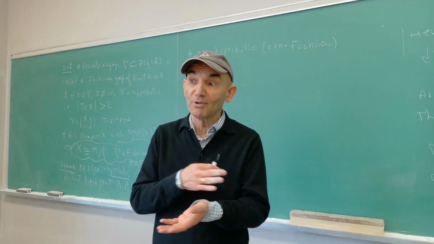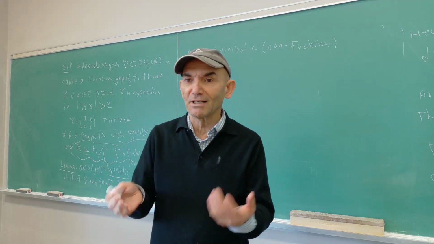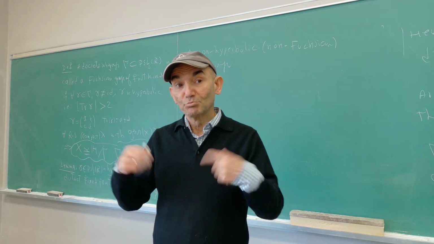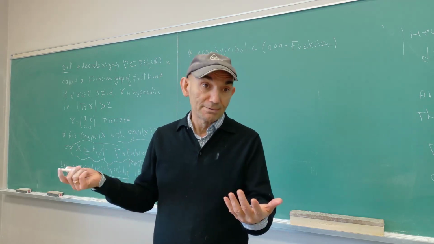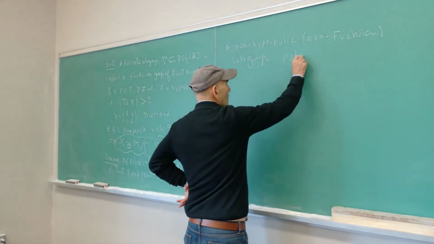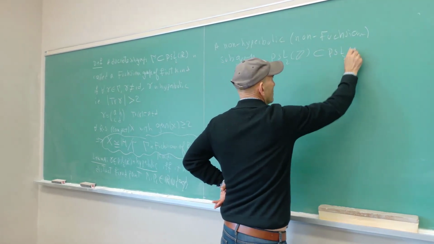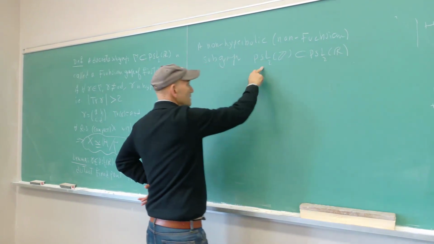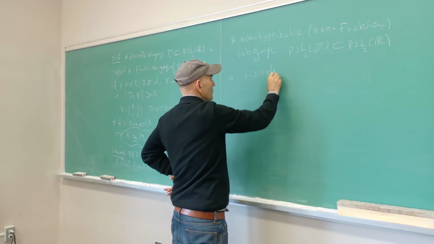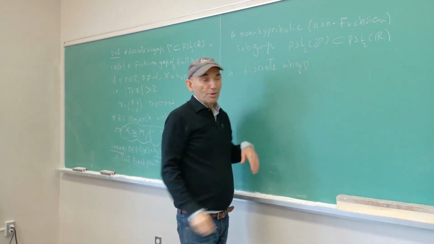You can multiply Z by some positive real number and you get another discrete subgroup. But there is an analog of this for PSL2R, which is SL2Z. So you look at SL2Z. This is discrete, but this is not hyperbolic.